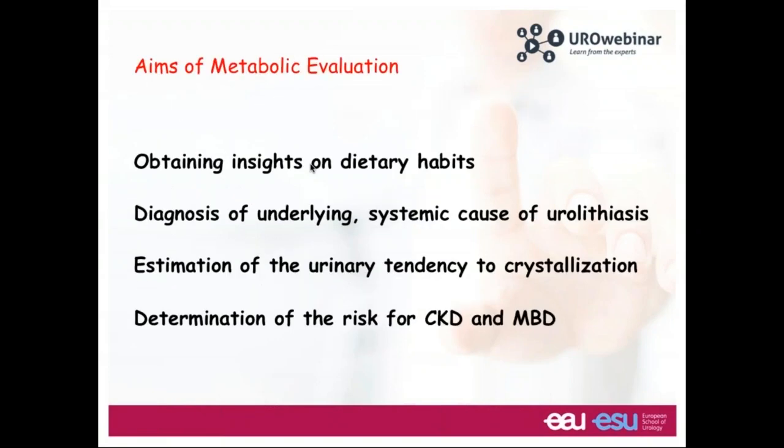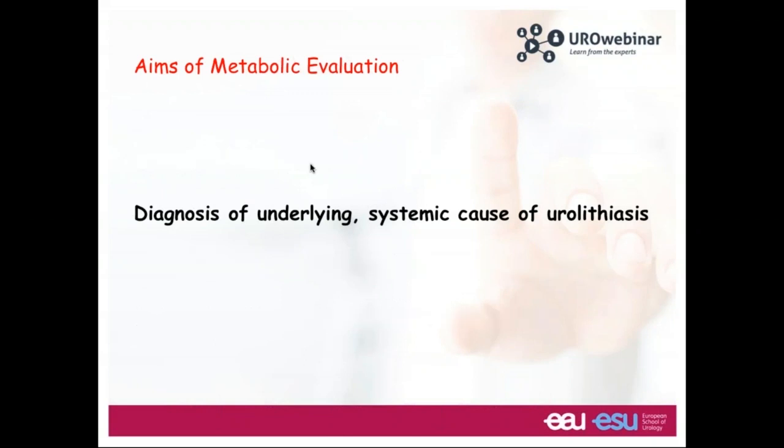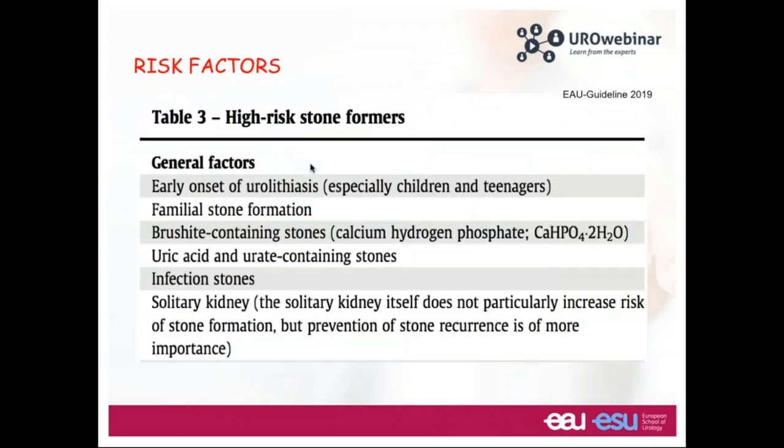The second thing that we have to discuss with the patients and evaluate is whether there is an underlying systematic cause that makes them form stones. And you will find these risk factors within the guidelines text. First, there are general factors that predispose to stone recurrence.